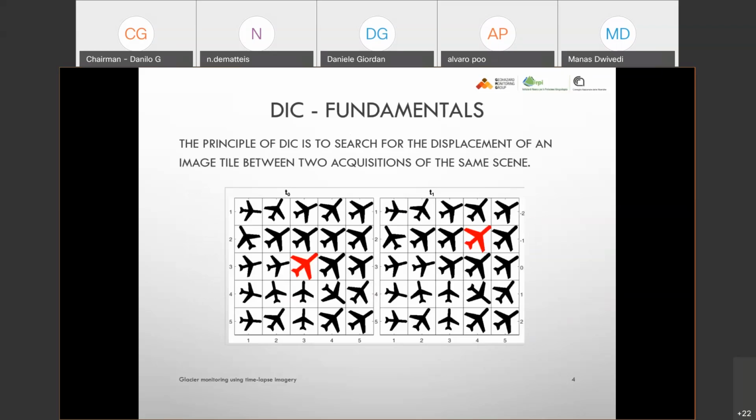The principle of DIC is to search for the displacement of a portion, or tile, taken from an image acquired at time 0, by searching for the position of this tile in a second image acquired at time 1. And how can we do that?